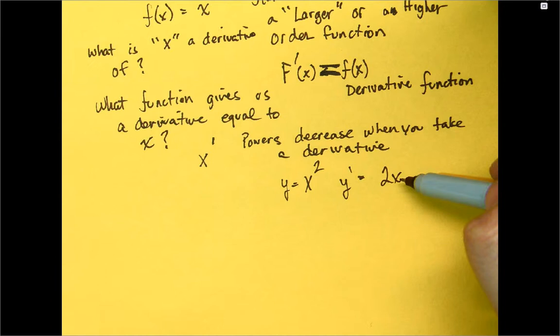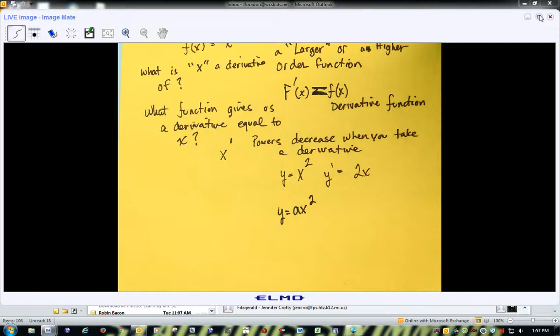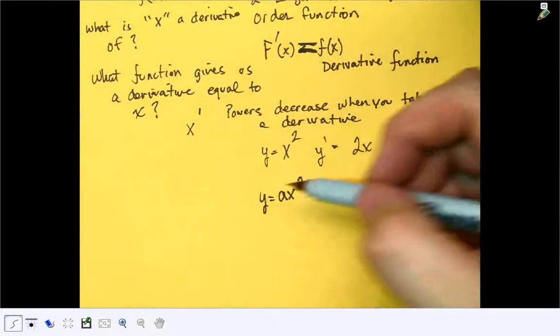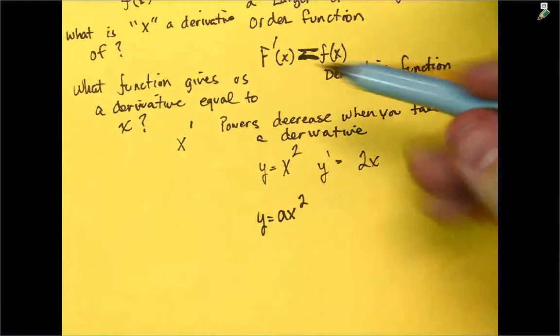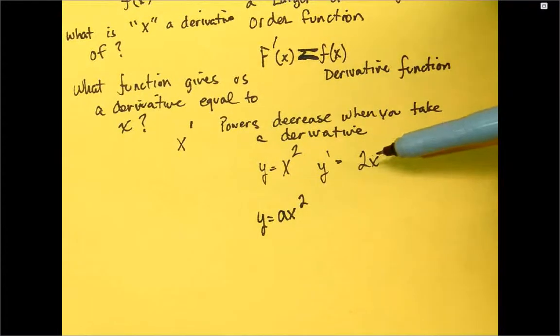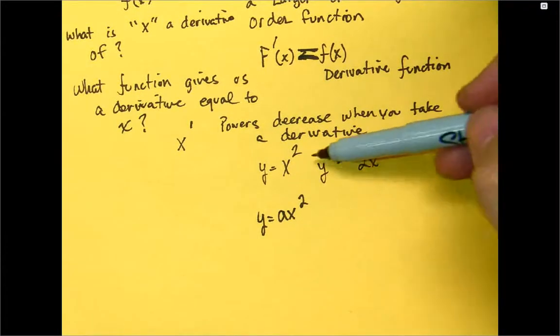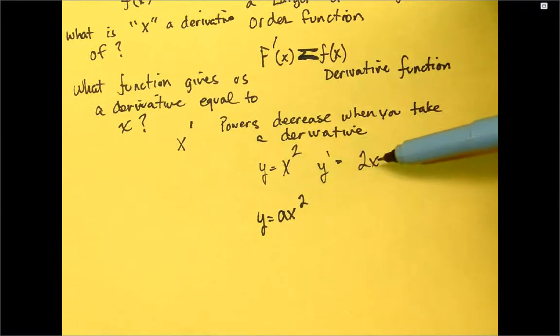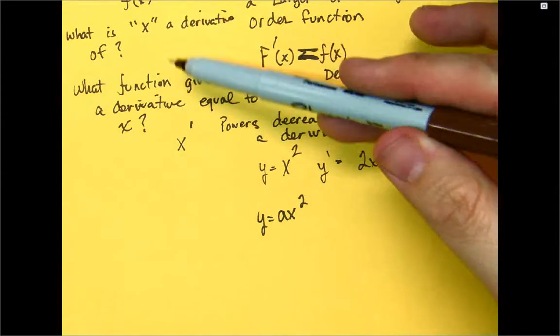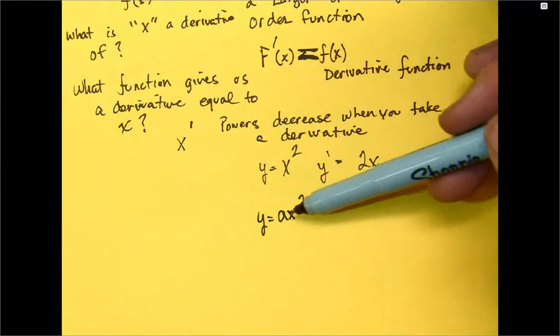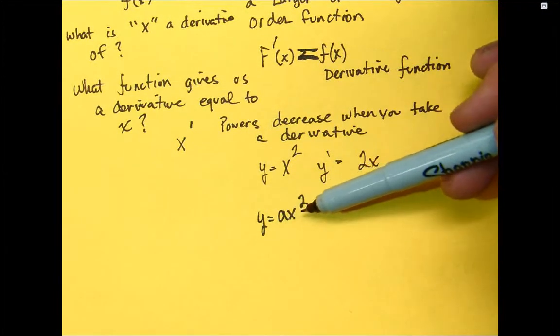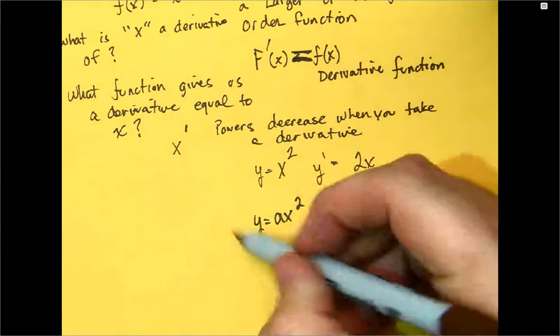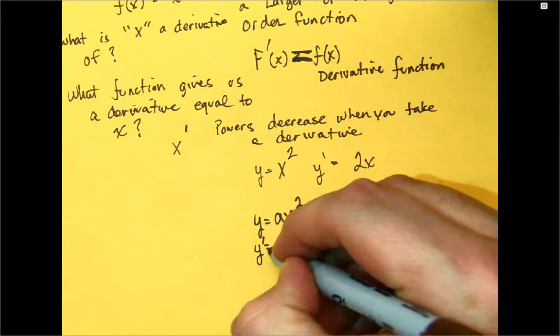Screen froze, hold on. Alright. Now notice, again, I'll backtrack just a little bit. When we took the derivative of x squared, we got 2x. But our function was x. So if I said, well, let's put an a in front of the x squared, because now y prime would be 2ax.